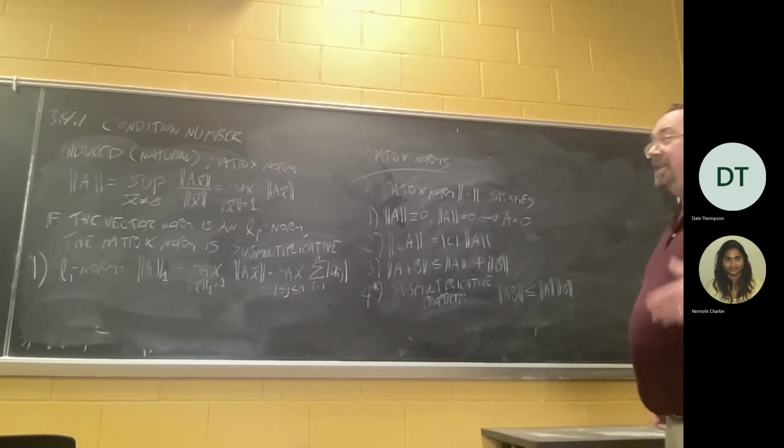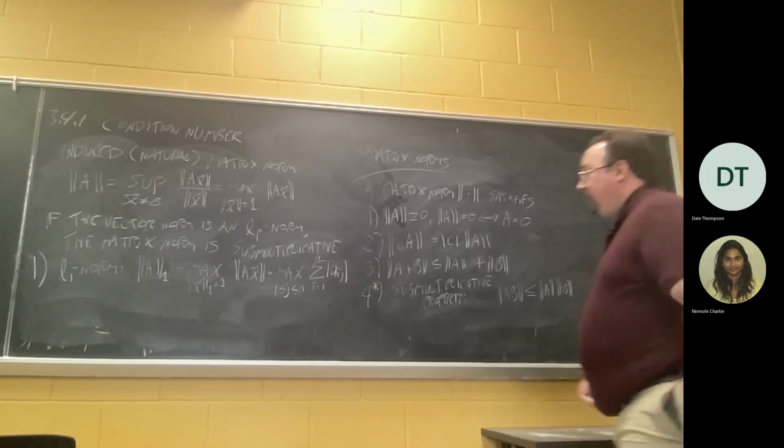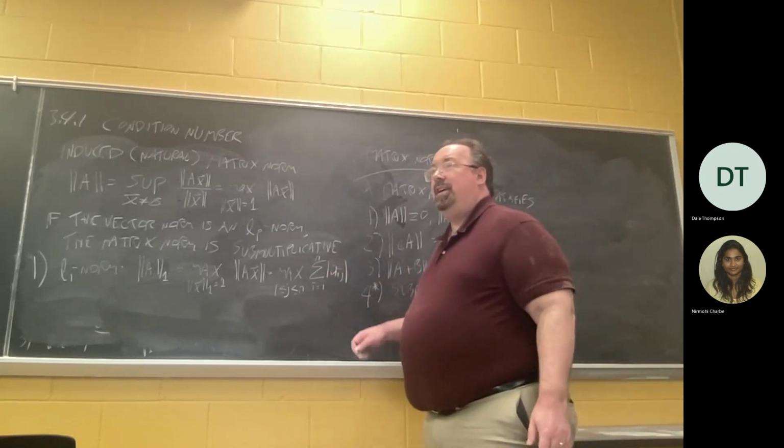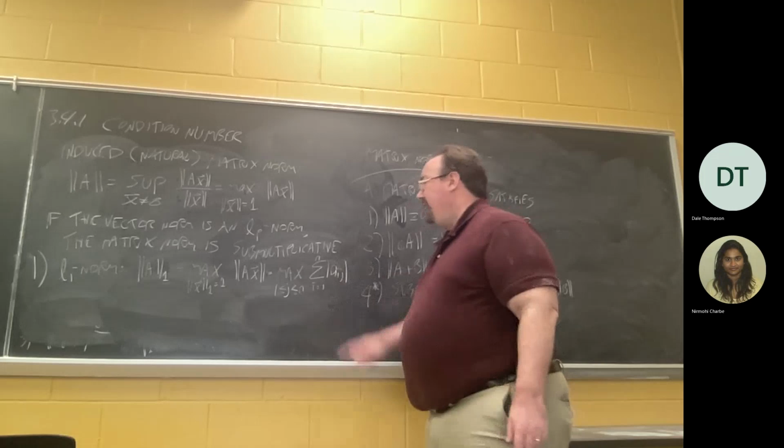A concise, though admittedly imprecise way of saying it is I think of a one norm as the maximum column sum, but we have to remember that's absolute values.